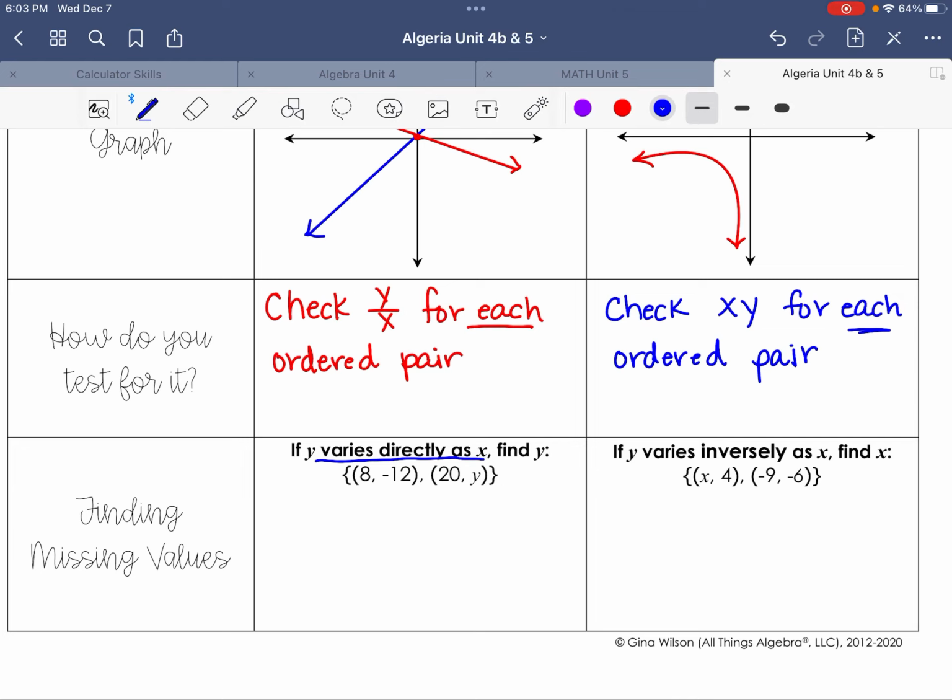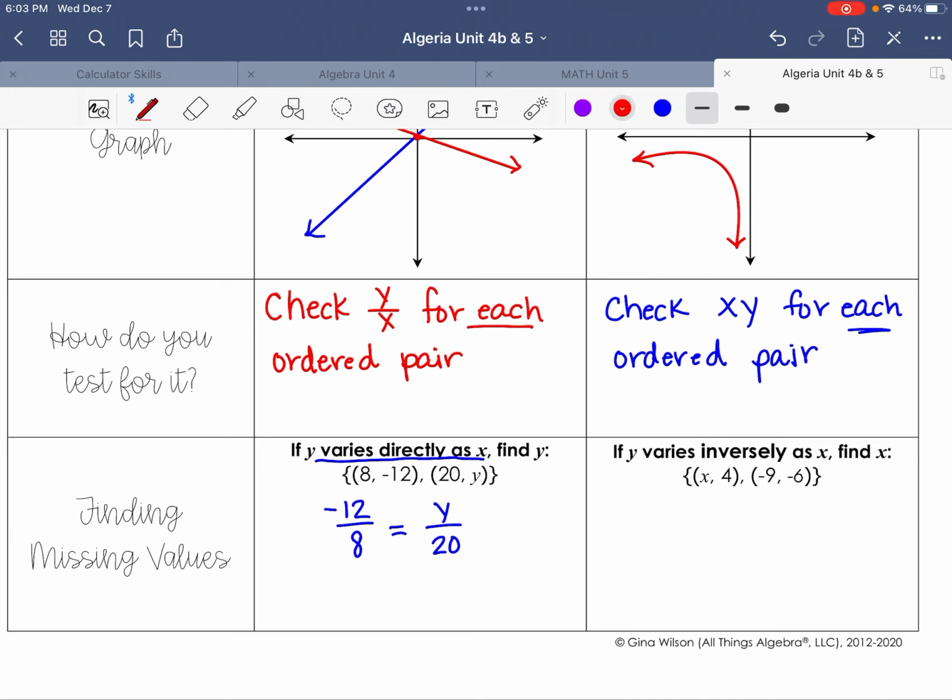If y varies directly as x, find y. And we have the ordered pair 8, negative 12, and 20, y. The y values go on top, negative 12 over positive 8 should always equal y divided by 20, because I've got y on top and the x on bottom.